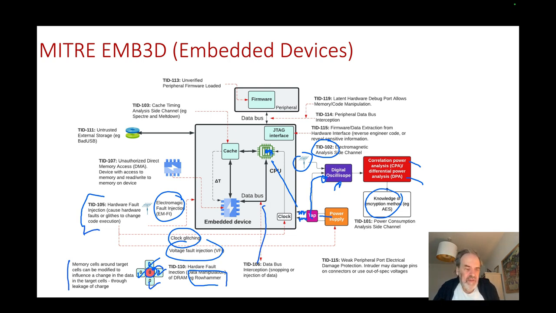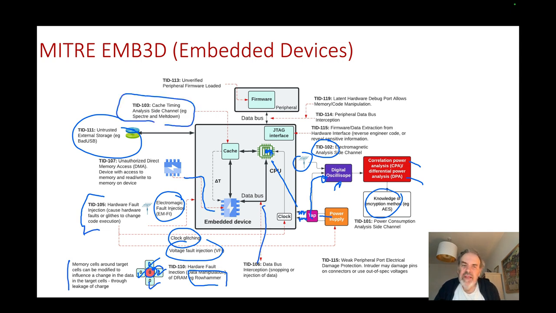There's also a method that we can use if we have a peripheral which is using direct memory access. It allows us to write into the memory area of the embedded device. Then it's possible for us to inject different data into it. Bad storage from external devices, such as a bad USB device, can also be used to compromise the device.